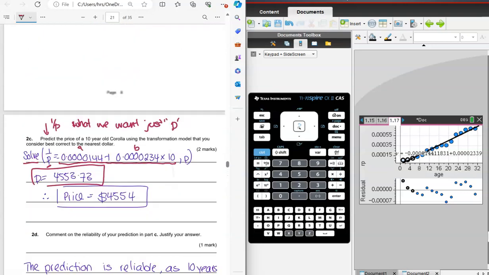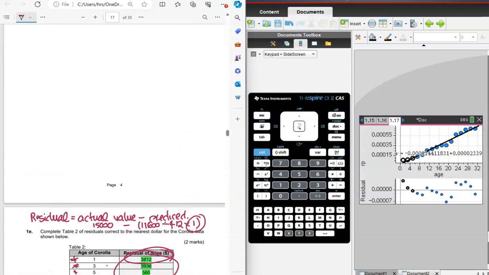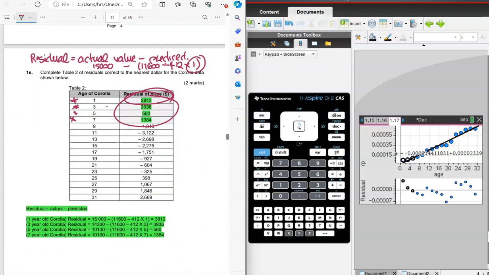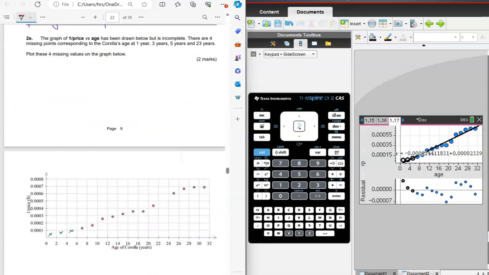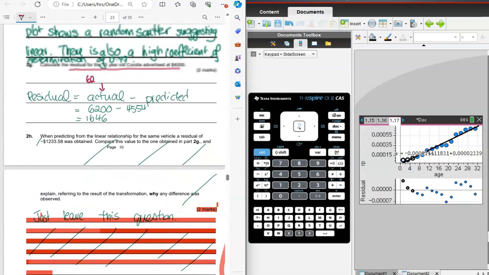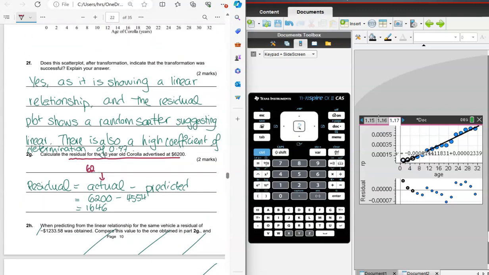I think I went back up here, the very start. The actual at 10 years, we didn't know that. No, they told us, sorry, I tell a lie. In the question, they gave me this was the actual. And then predicted we did in the question before. All right, hopefully that helped.